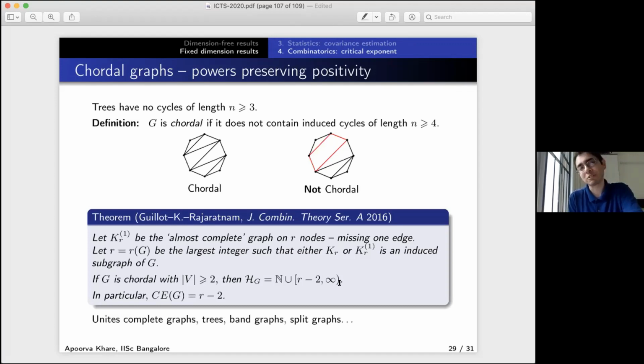The set of powers preserving positivity is a semi-infinite set and an arithmetic progression. And in particular, the critical exponent is r minus 2. And so this unifies all of these classes: complete graphs, trees, banded graphs, and so on.